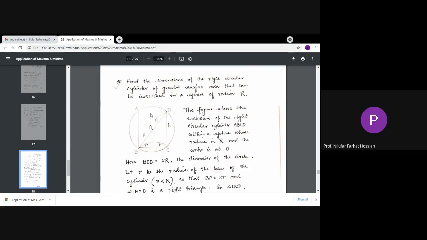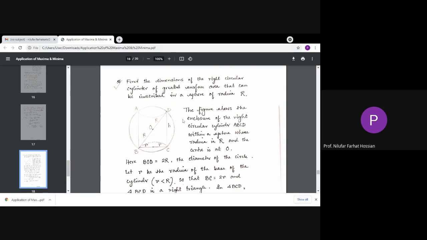When you put this cylinder within the sphere, definitely if you join one corner point to the other corner point, it will be a diameter of the sphere. BOD will be a diameter of the sphere.